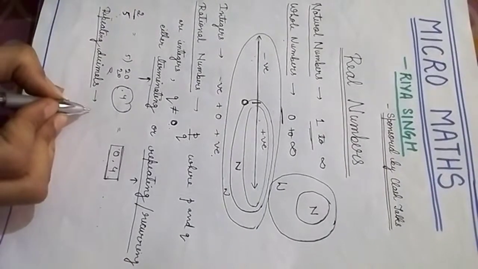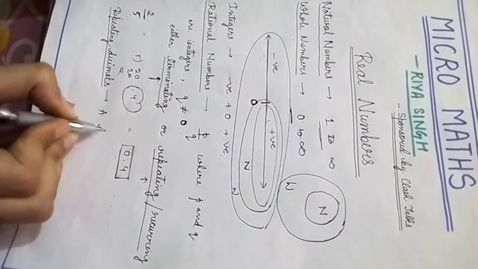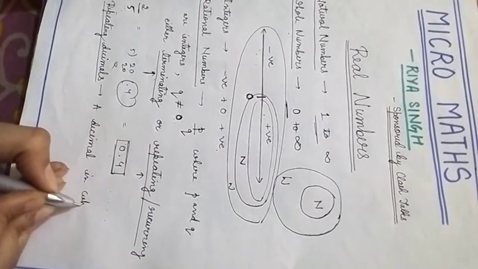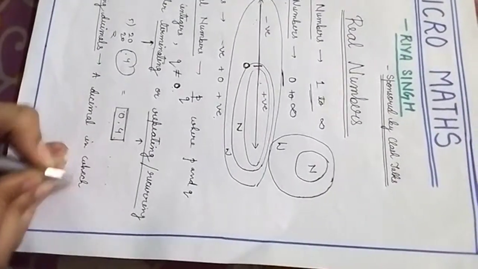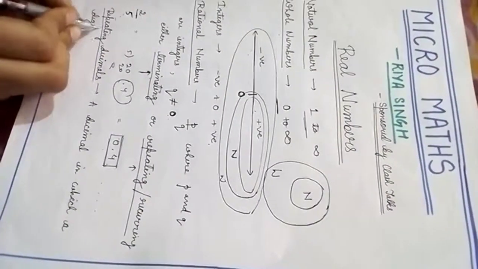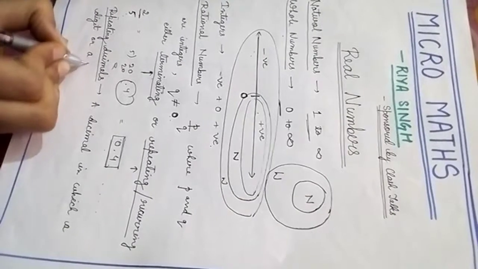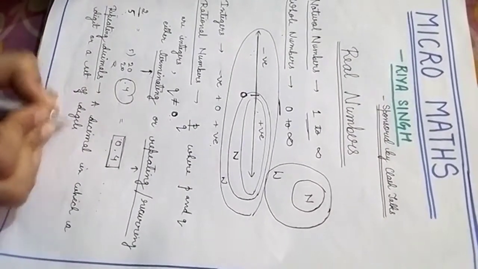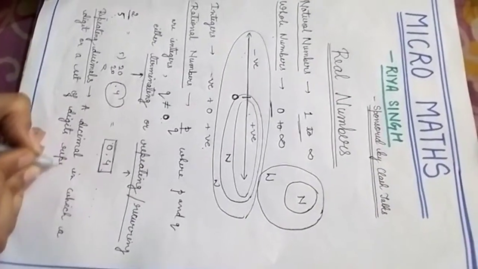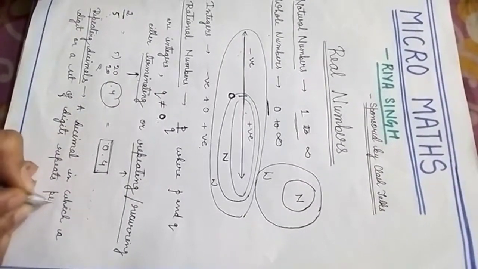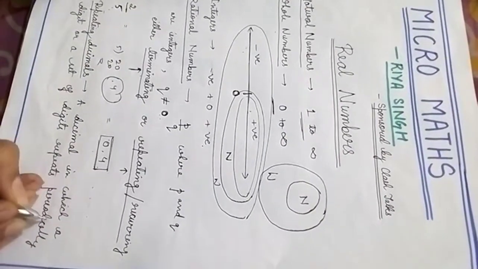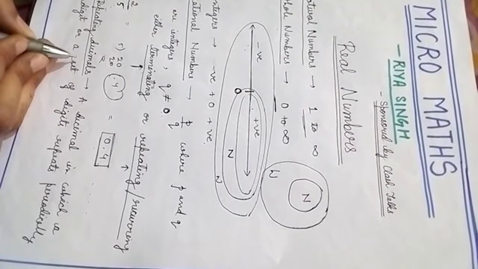What I have said: a decimal in which a digit or a set of digits repeats periodically is known as a repeating decimal.